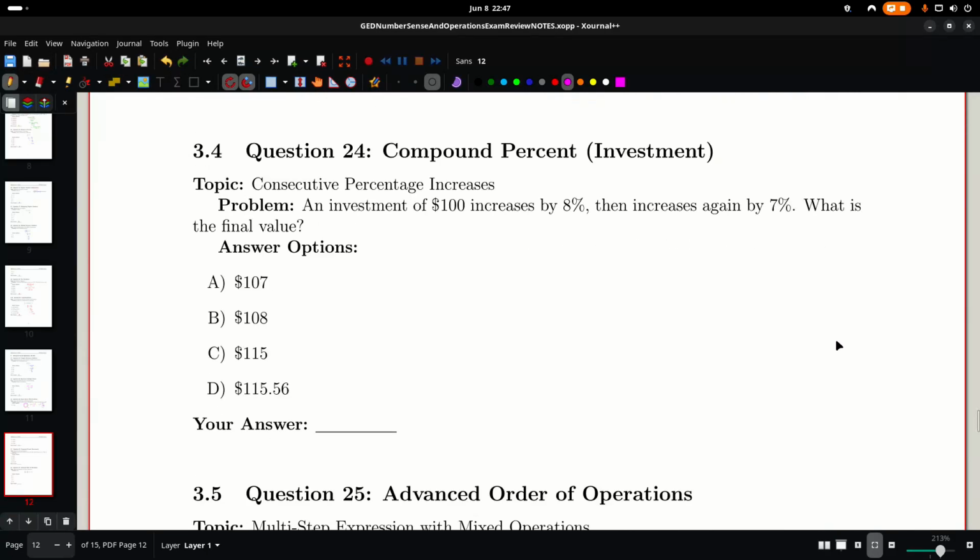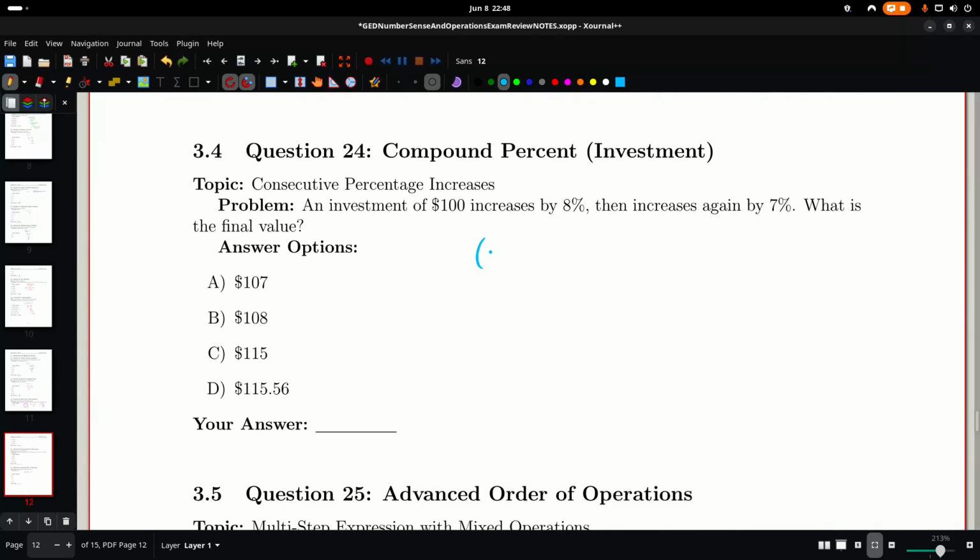Okay, compound percent for an investment. So an investment of $100 increases by 8% and then increases again by 7%. What's the final value? So we have $100. So let's switch my color up here.